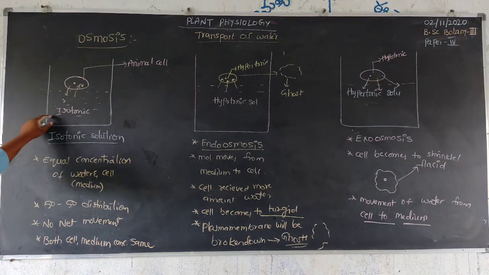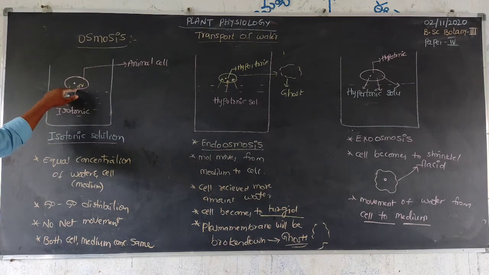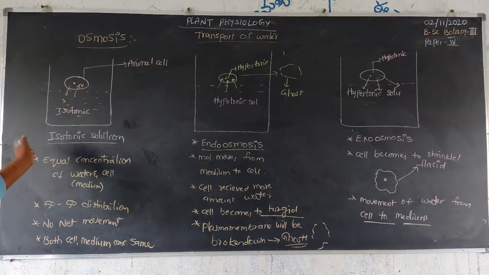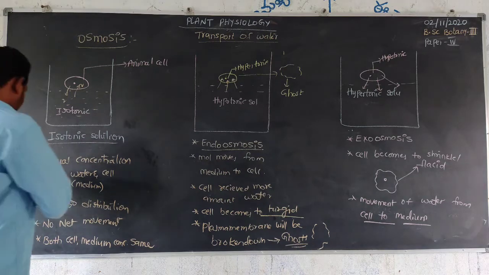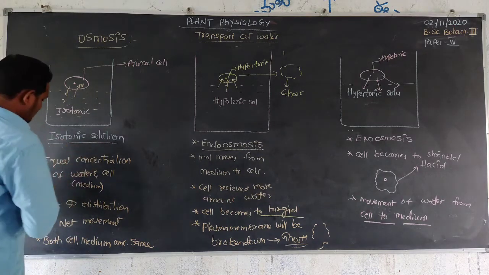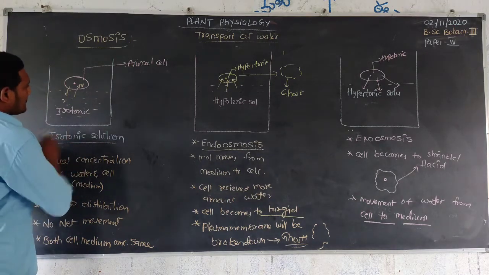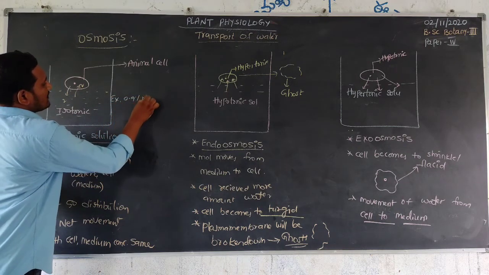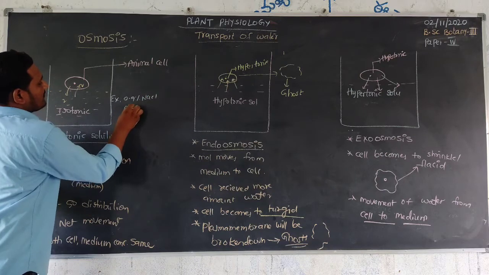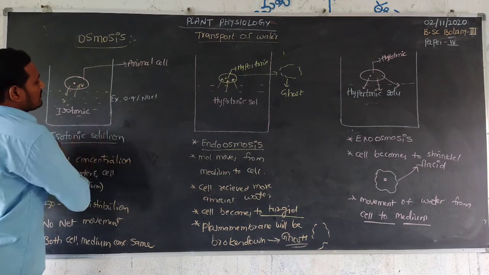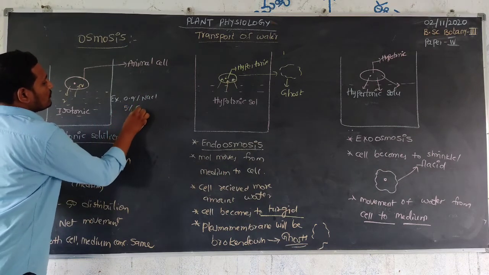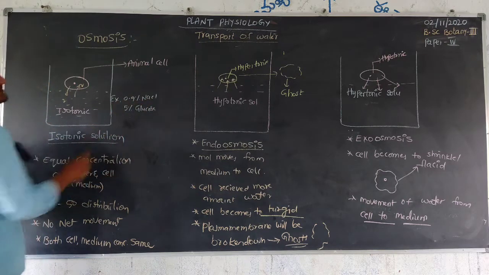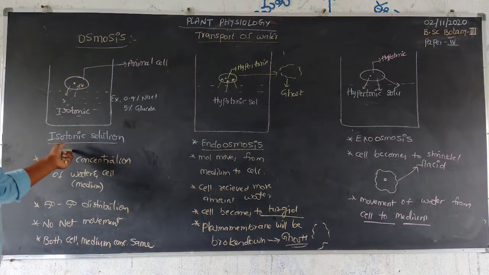So what will happen when our cell is kept in isotonic solution, which contains equal concentration in the medium as well as the cell? There is no significant change. For example, 0.9% sodium chloride and 5% glucose solution in our blood are examples of isotonic solution.